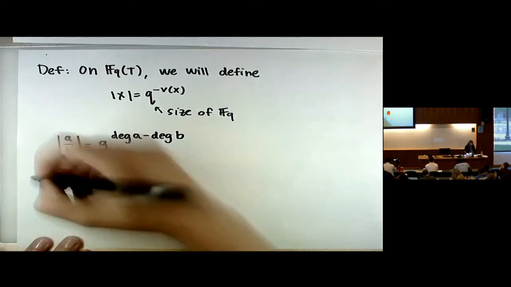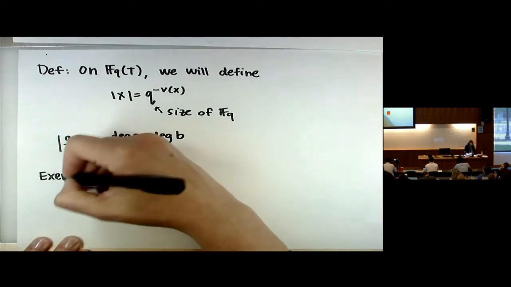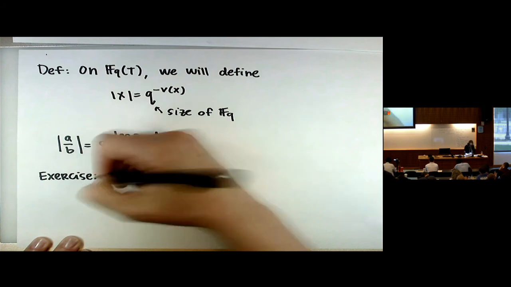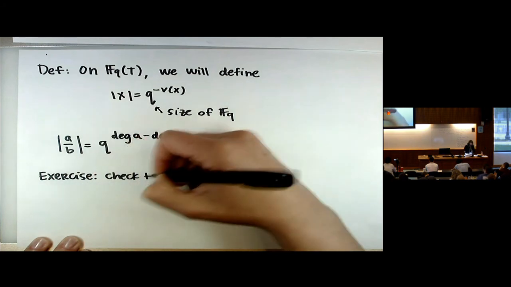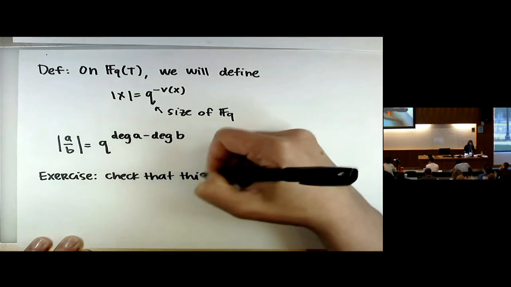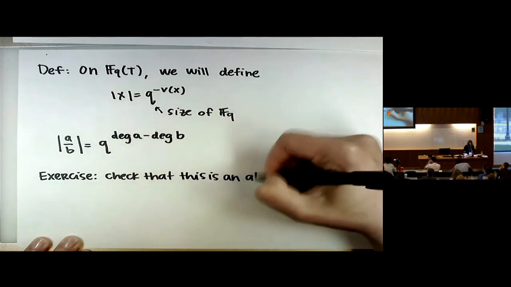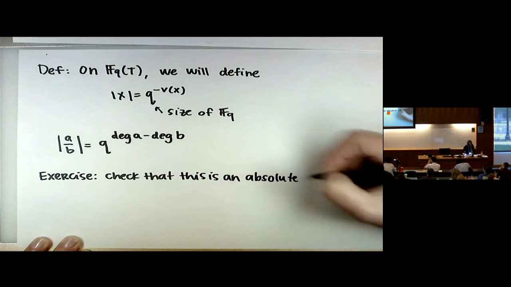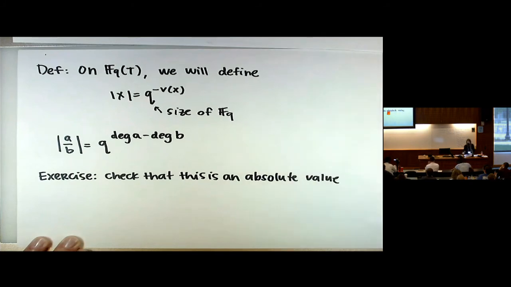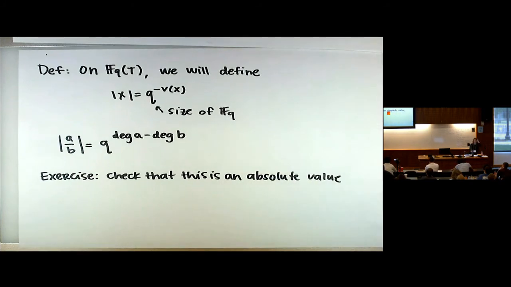I'm going to leave it as an exercise: check that this is an absolute value. I told you 3 things that should be true about absolute values, so you should check that those are true about this one. And the exponentiation is going to make our plus problem become a multiplication, so this much will be good.